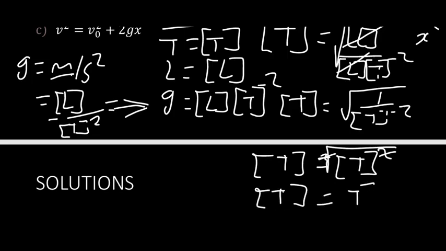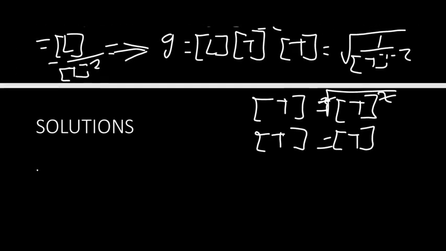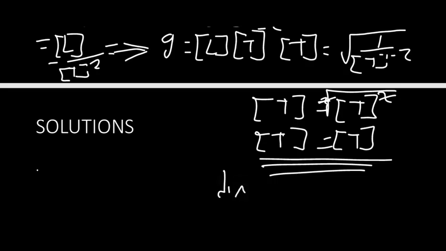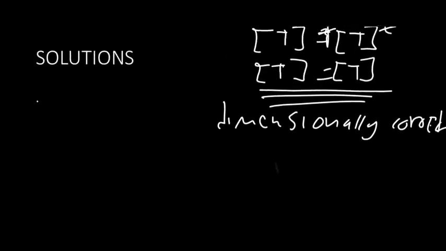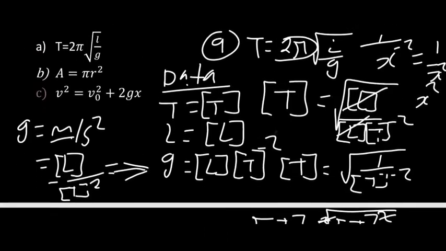So T is equal to T. We can conclude here that this is dimensionally correct. It is dimensionally correct. So we've proved the first one.